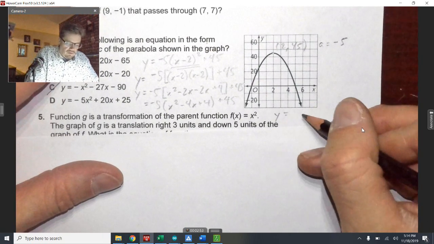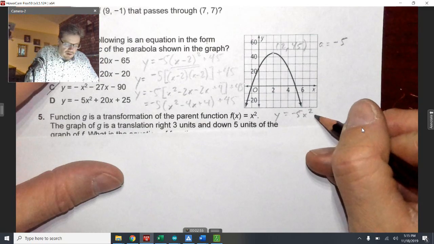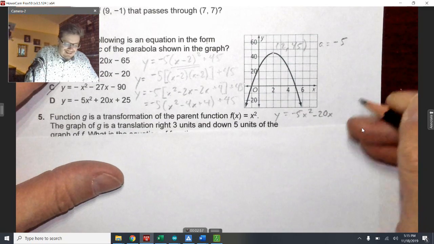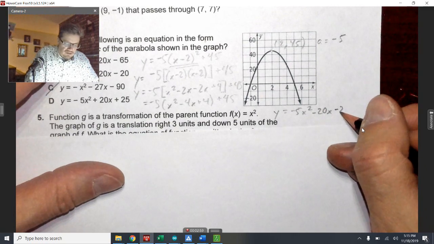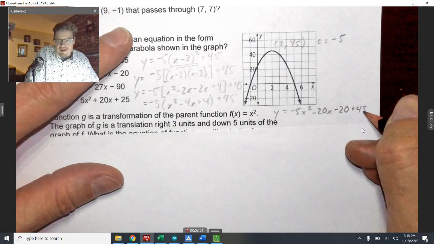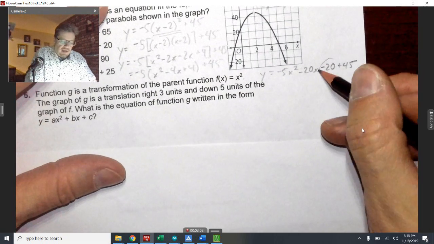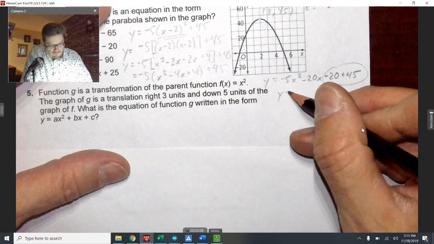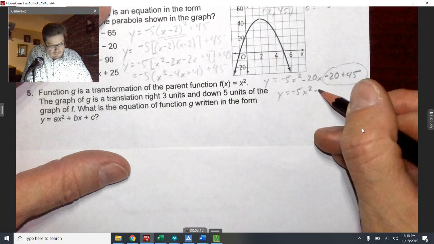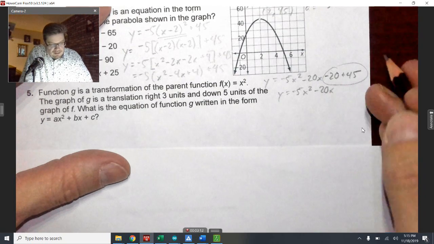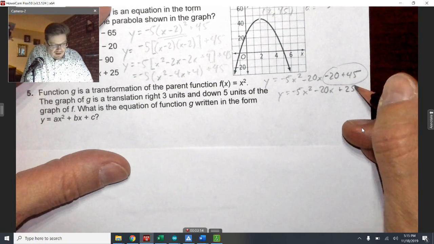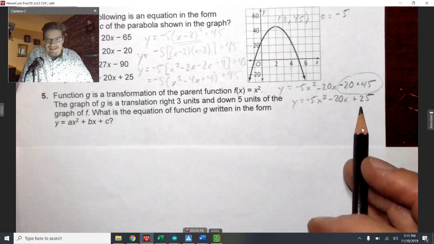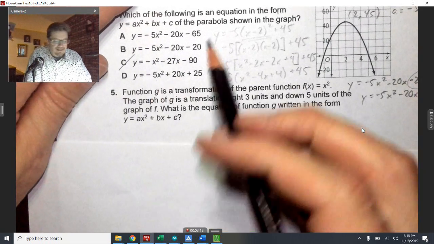So y equals negative 5x squared minus 20x minus 20 plus 45. Now these two guys I can combine because they are like terms. So therefore, negative 5x squared minus 20x, these two together is a positive 25. All right, and that is standard form, and it looks like that's D.